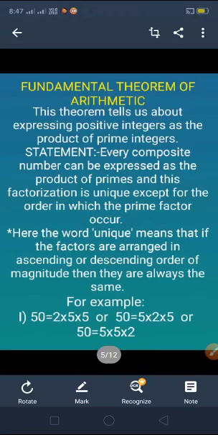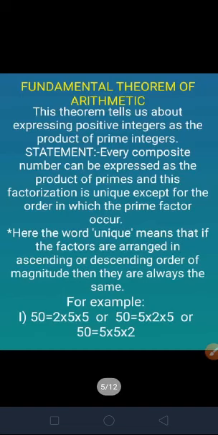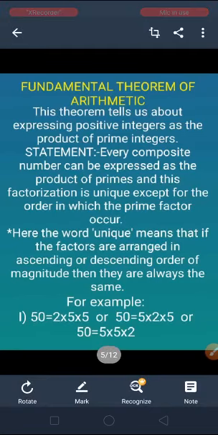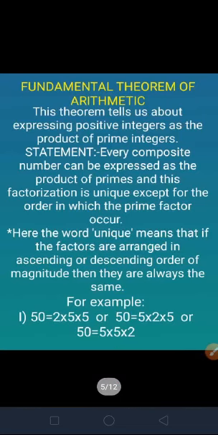Students, this theorem tells us about expressing positive integers as the product of prime integers. The statement of this theorem is: every composite number can be expressed as the product of primes, and this factorization is unique except for the order in which the prime factors occur.